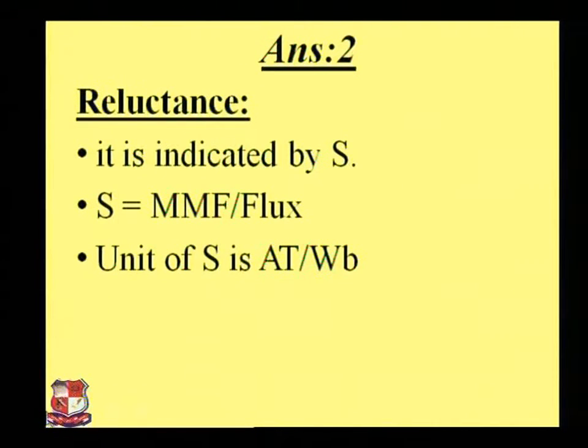Reluctance is denoted by the symbol S, capital S. So according to definition 2, S equals MMF, magnetomotive force, upon magnetic flux. The unit of reluctance S is AT per Weber.